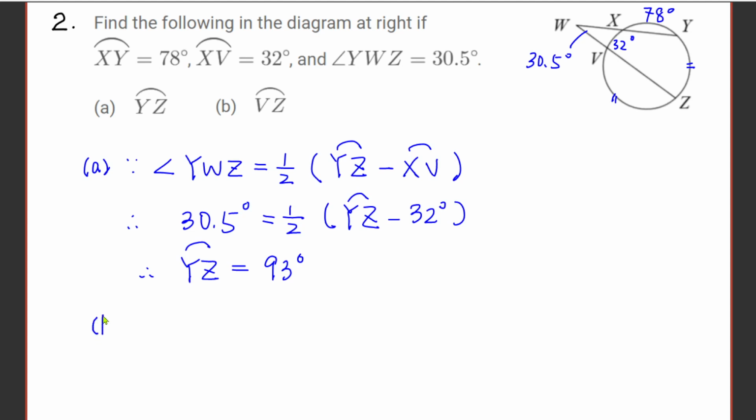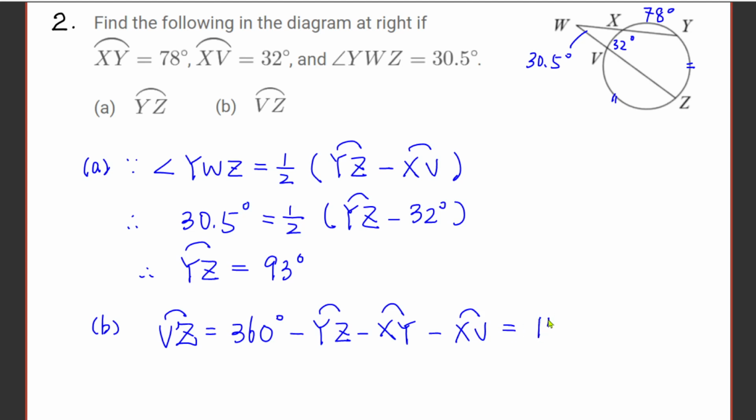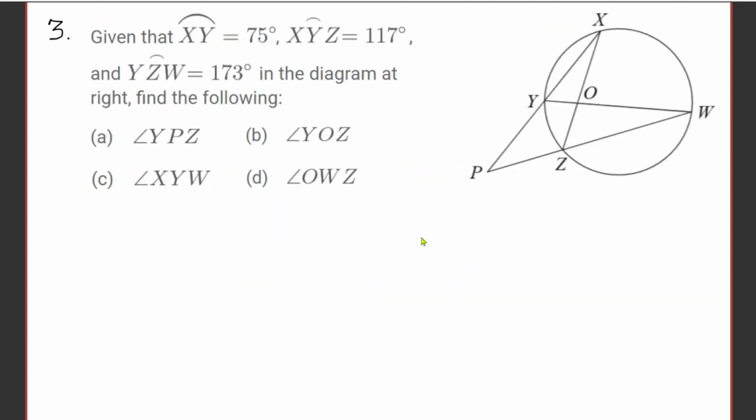And then for arc VZ, you can find it again using 360 degrees subtracted by YZ, XY, and XV, right? And this gives us 157 degrees. Do you get it? Okay, if no questions, let's have a look at the next one.